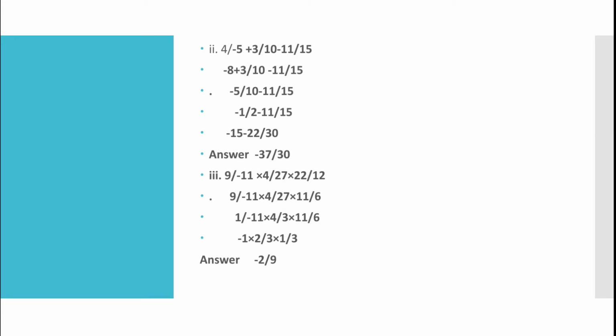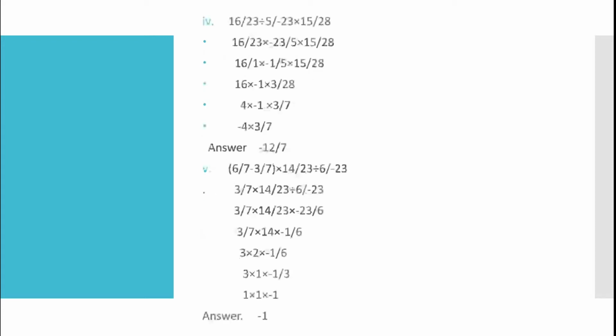So 9 and 27 we will cut by the table of 9. So we will get 1 divided by minus 11 into 4 divided by 3 into 11 by 6. We will solve this. So we will get minus 2 by 9. Now in the same process you have to solve question number 4 and 5.